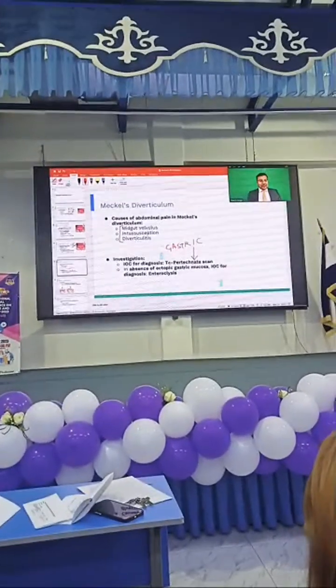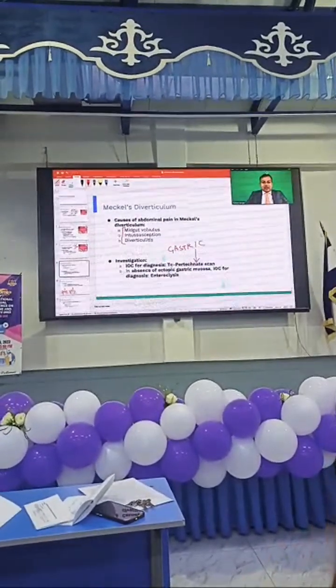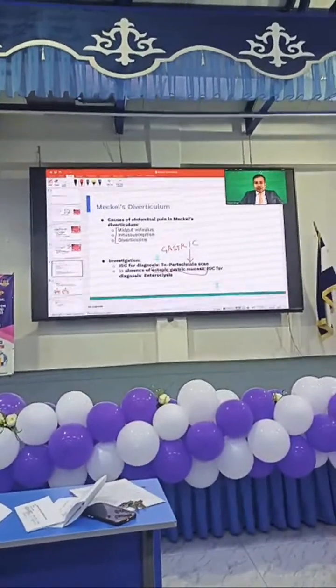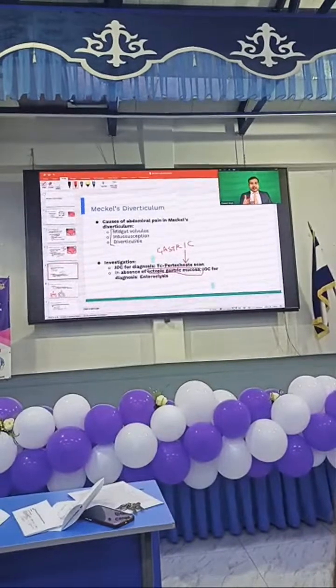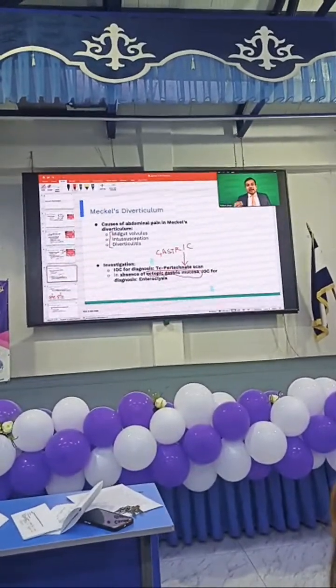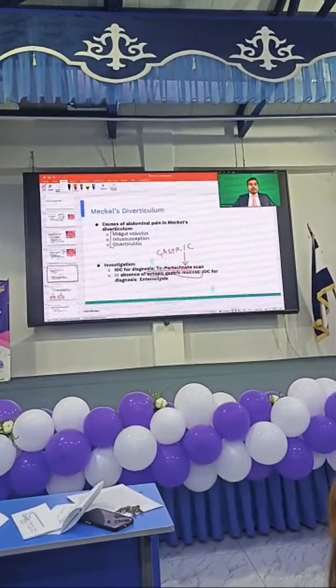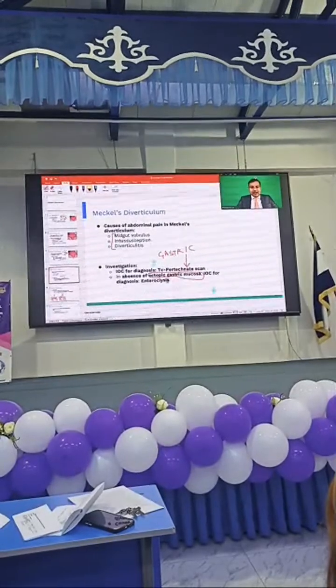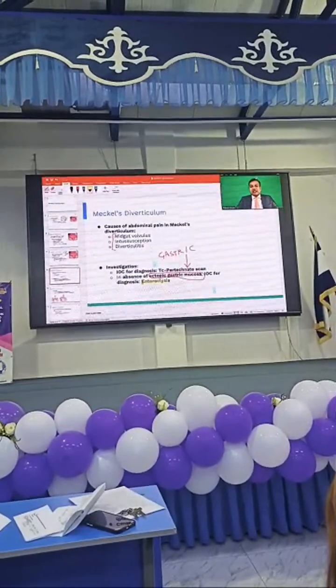Second question. Imagine a patient in whom there is absence of ectopic gastric mucosa. Obviously you cannot detect it by technetium pertechnetate scan. So just like any other small bowel diverticulum, you can diagnose this condition by enteroclysis.